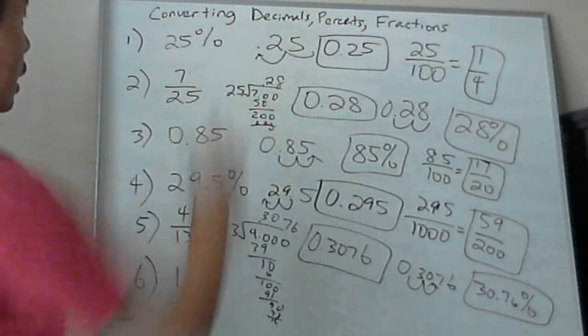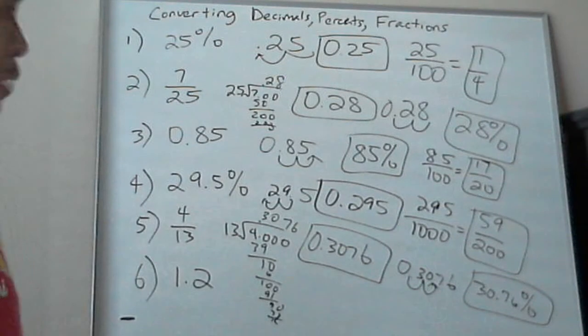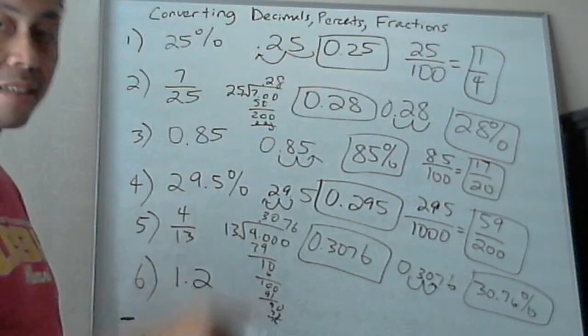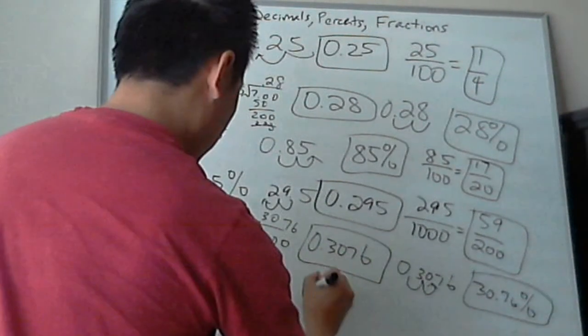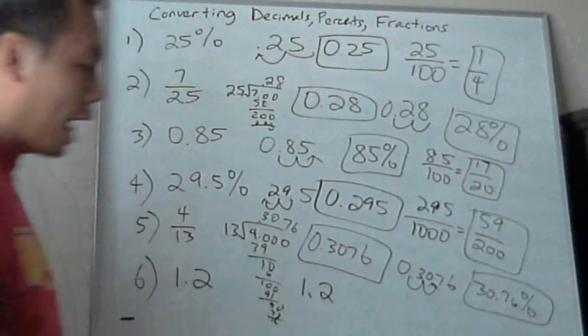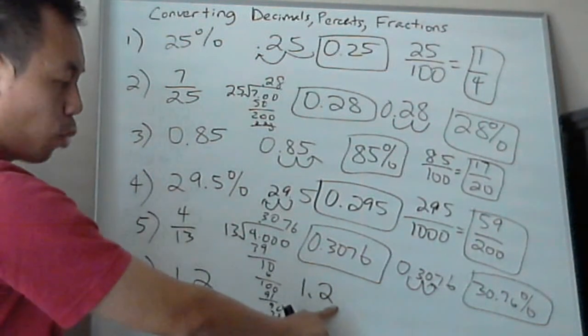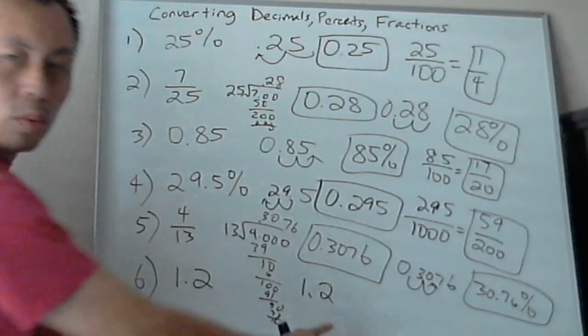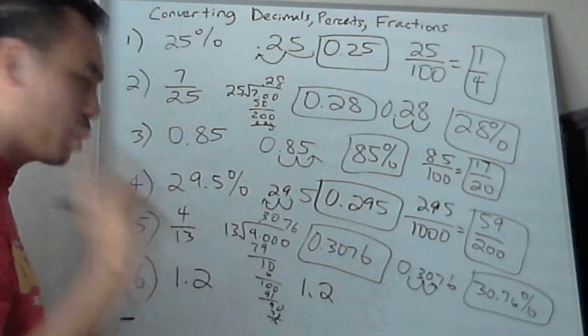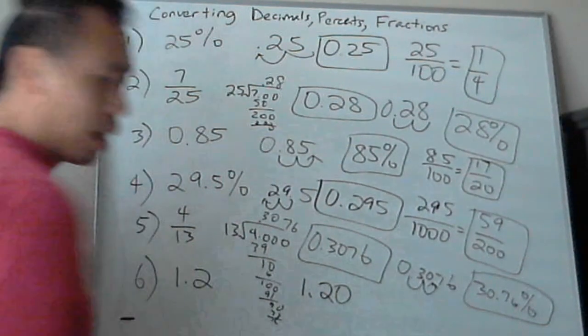So 1.2, let's say it's a decimal. Now we've got to convert that into a percent. Same rule. Remember the rule, move 2 spaces to the right, okay? Now what happens here is that there's only 1 space to move. So what do you do when there's only 1 space, but you say hop 2 spaces, right? So you put a 0 here.